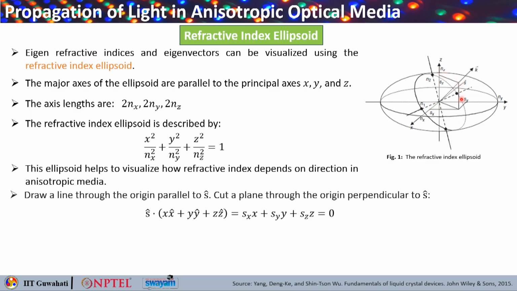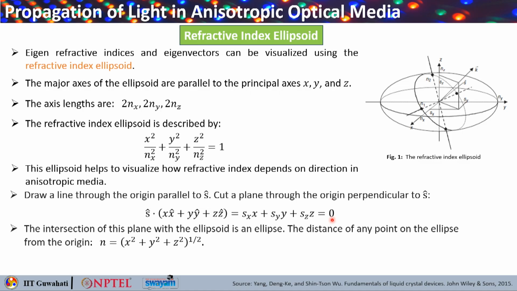This is that plane. In that plane, the vectors along S cap add up to 0. So, S cap dotted with x, y, z gives Sx x plus Sy y plus Sz z, and this will be equal to 0.